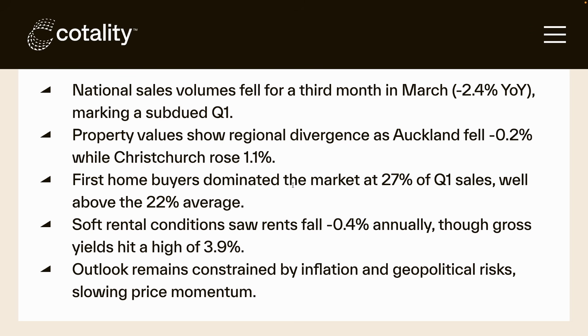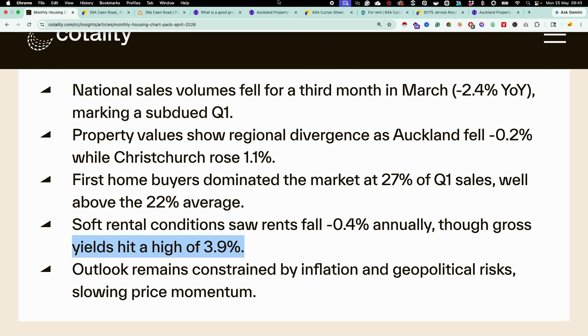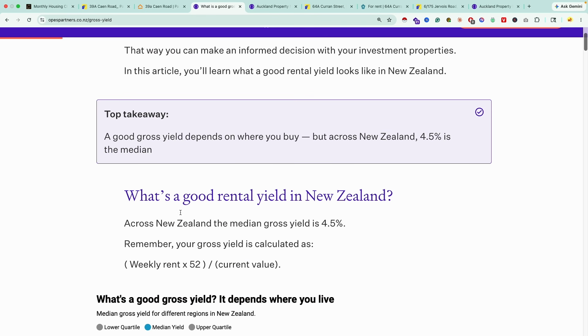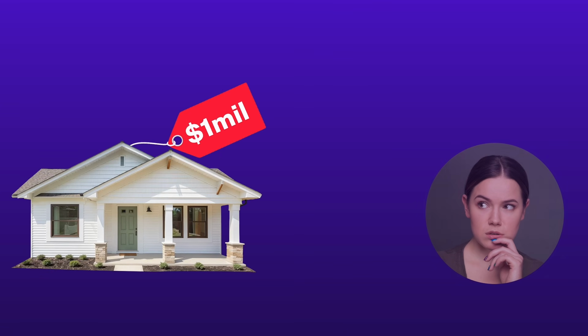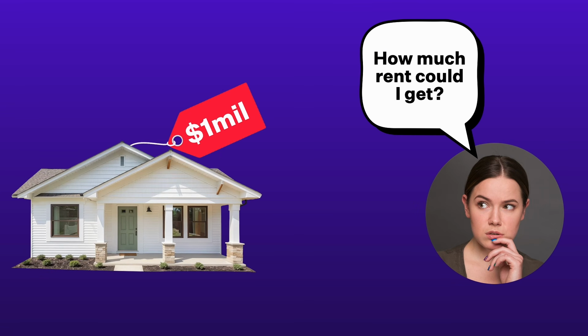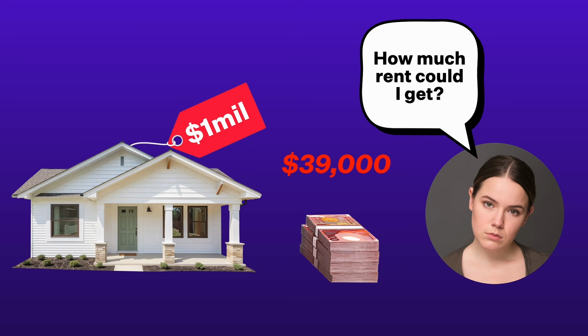And what we see is, rather than the average rental property getting a 3.9% gross yield, like you might see in some property reports, you can actually see that investors are getting a higher rental return. The real number is closer to 4.5%. And so if you'd been following those public averages, you might think that a $1 million property is going to make 39 grand in rent per year.